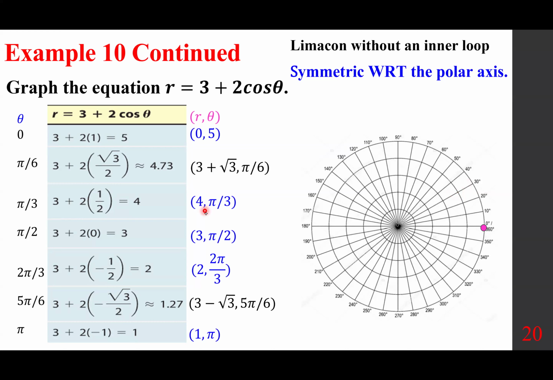But let's go with this easy one. 4 and pi over 3. Pi over 3 is 60 degrees, everybody. And we want 4. So let's go here and count 1, 2, 3, 4. So somewhere there, roughly. 3 and pi over 2. Pi over 2 is 90 degrees. Let's count 1, 2, 3.